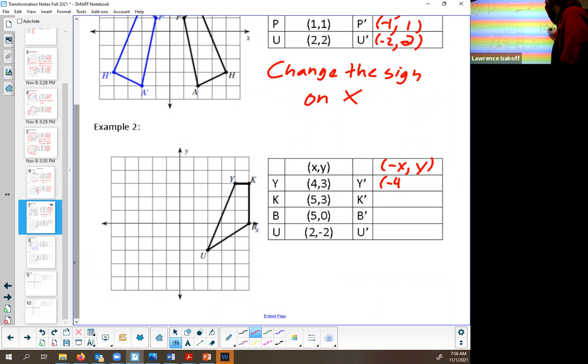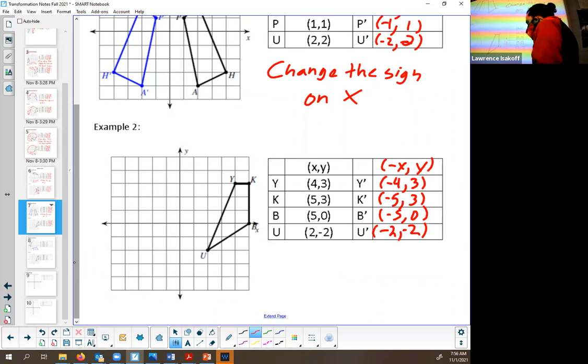So it will become -4, 3, -2, -2. So now if I plot these, I'll see this flipped over to the other side.